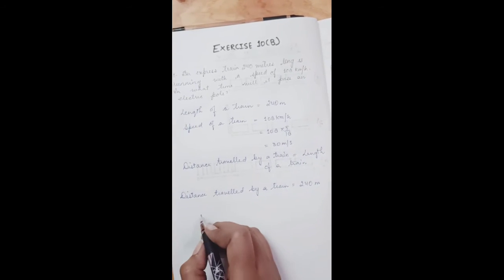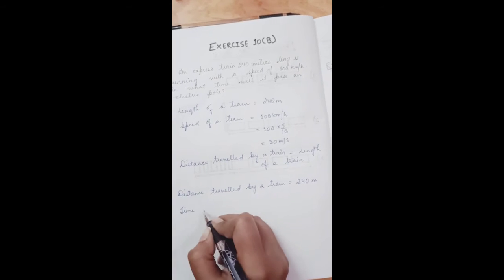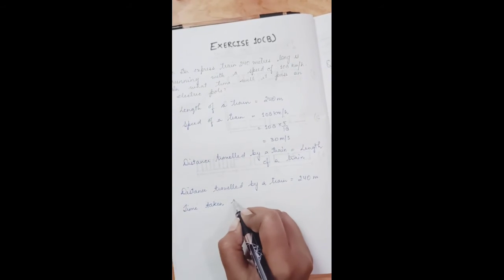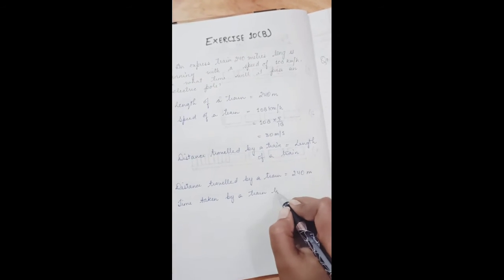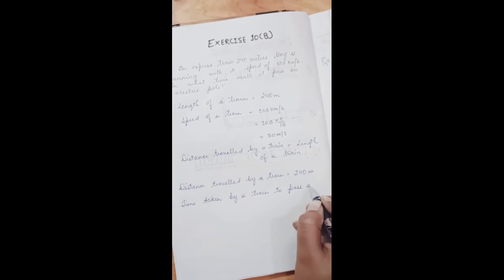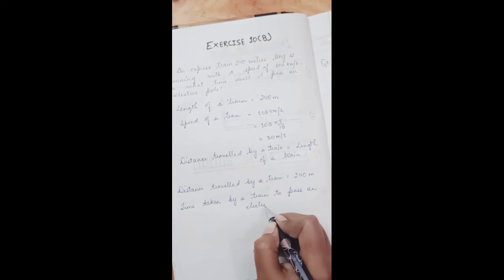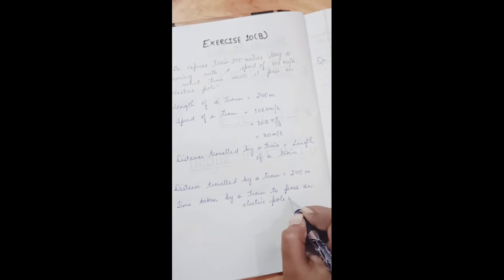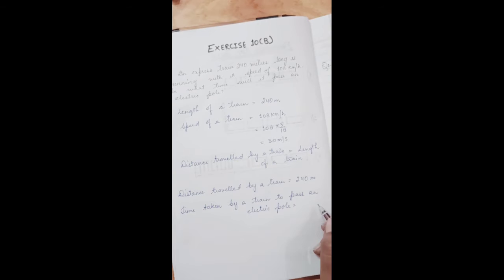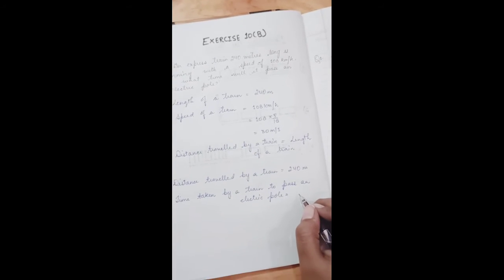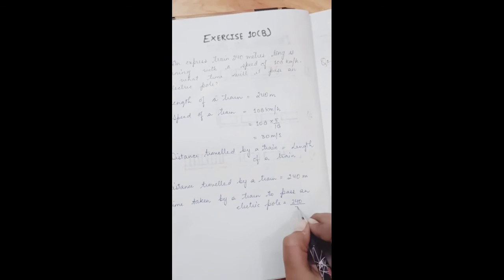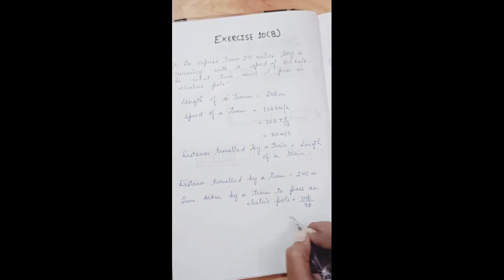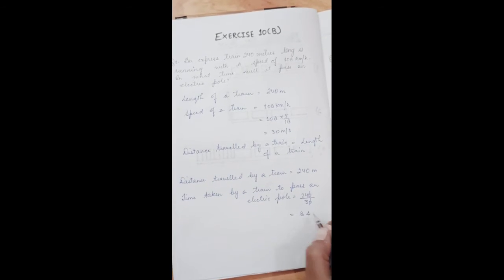Now the time taken by the train to pass an electric pole: speed is equal to distance upon time, and time is equal to distance upon speed. That means 240 divided by 30. So here we get 8 seconds.